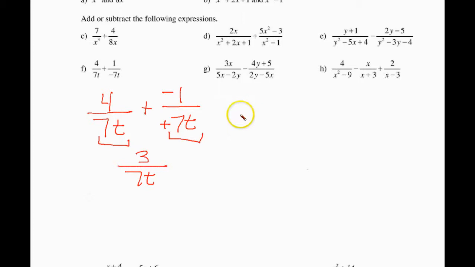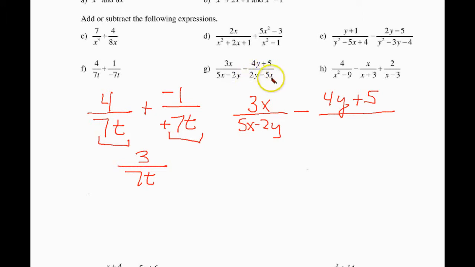Now, let's take a look at this letter G here, because I can see something similar going on. Before I write this one, do you see this one right here?